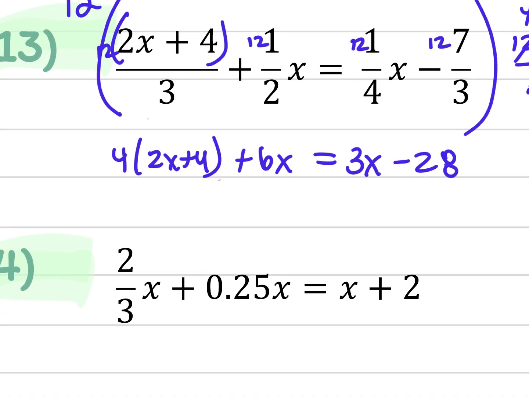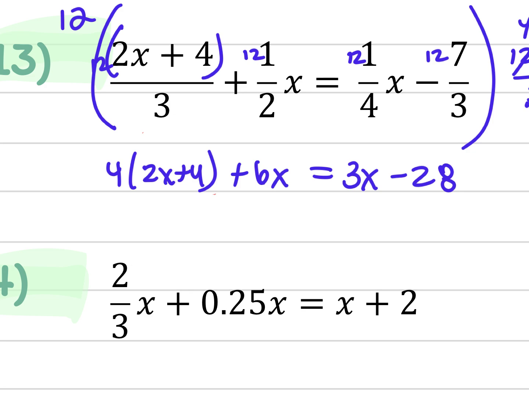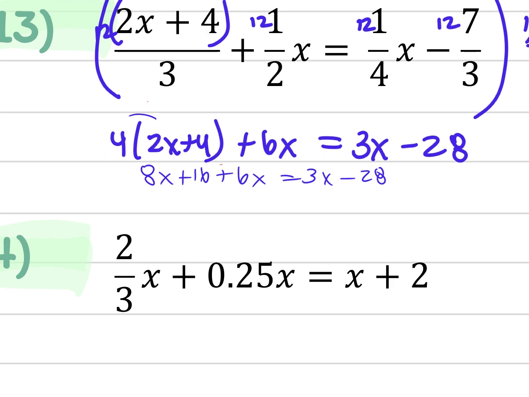So now, everybody in here can solve this equation. No problems. What do I do with the 4? Distribute. You have 8x plus 16 plus 6x equals 3x minus 28. Anything on the left-hand side I can combine? 8x and 6x gives me 14x plus 16 equals 3x minus 28.